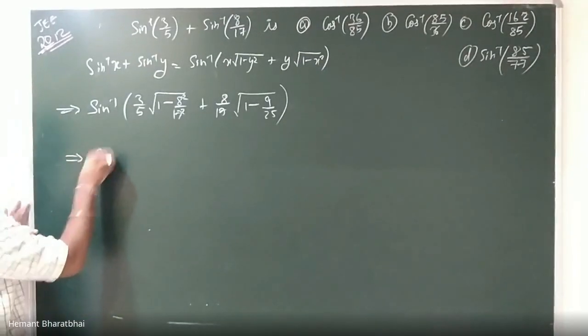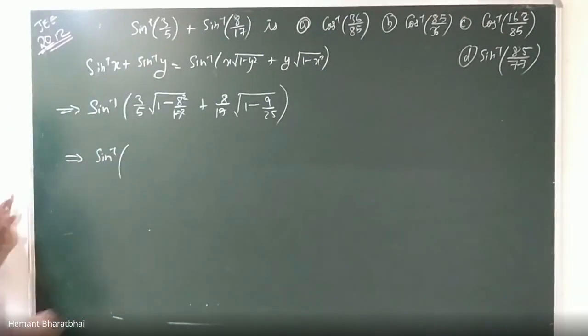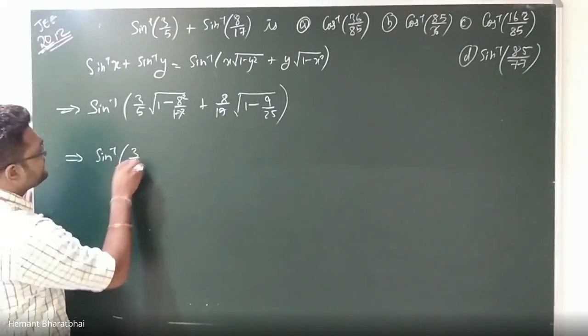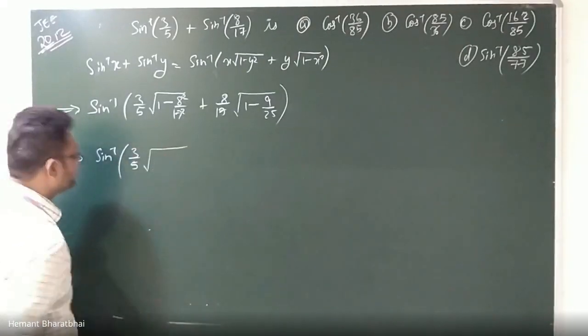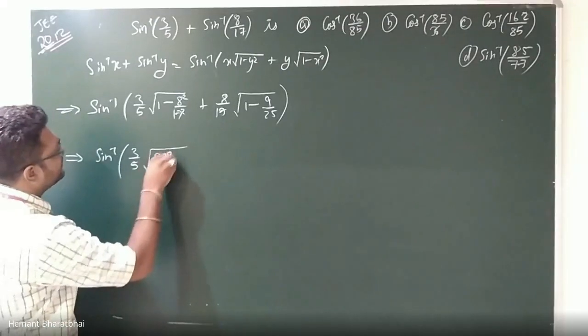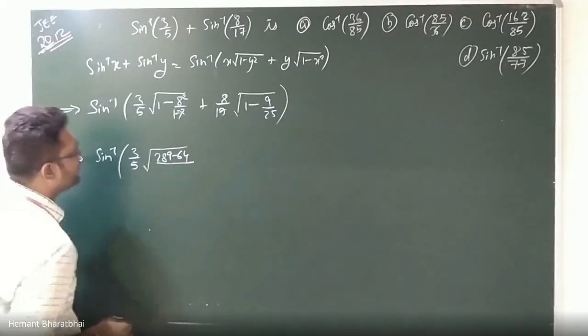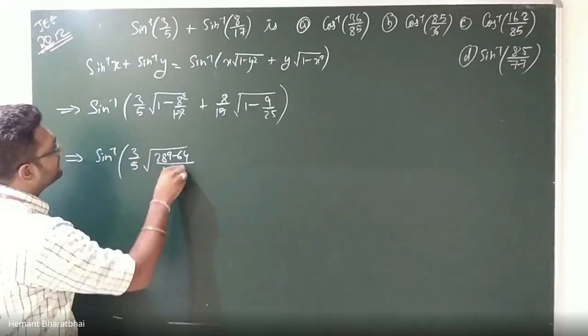So I will get sine inverse of 3 by 5 into under root of 17 square, so 289 minus 64, upon 17 square.